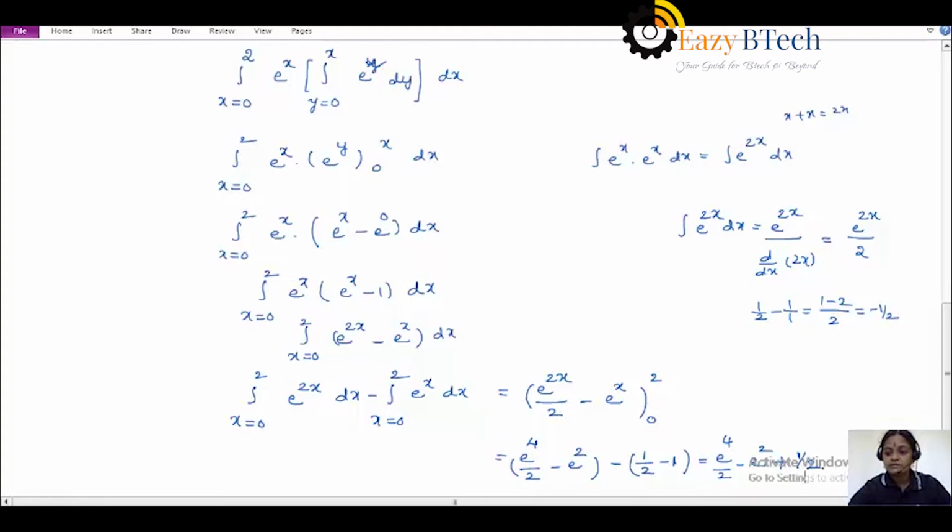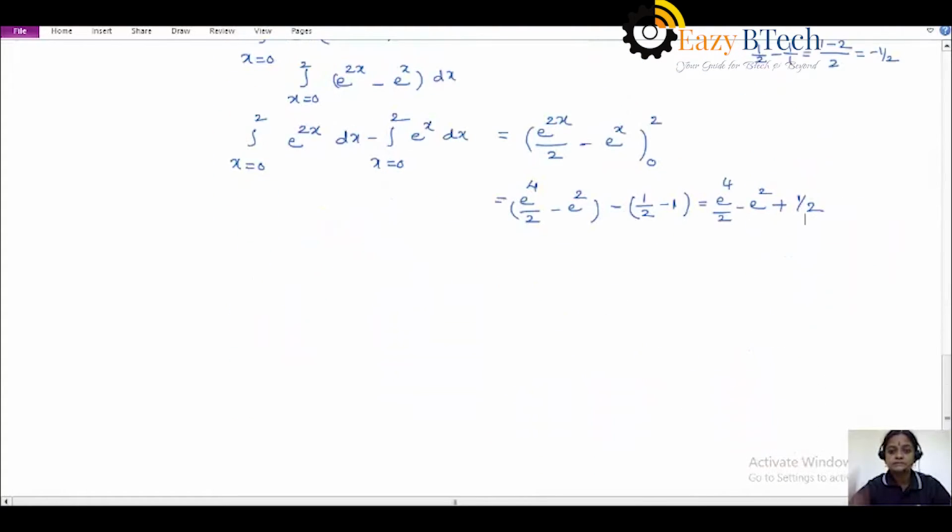Yeah, coming to the next question, one more question. Now I am writing the question. Second question: integral 0 to 5 and integral 0 to x square of x into x square plus y square dx dy.